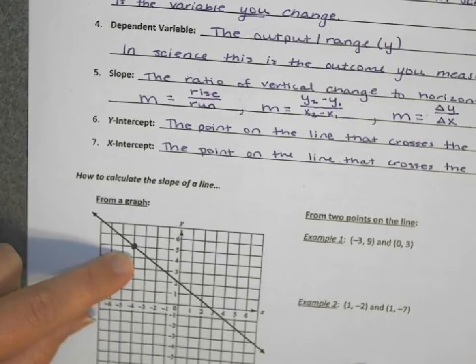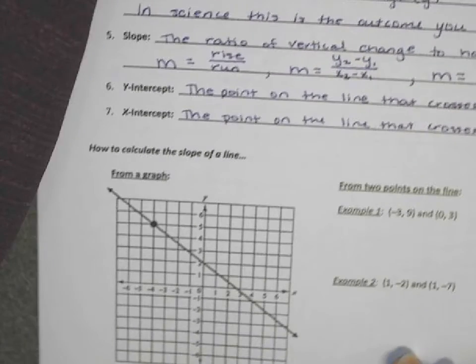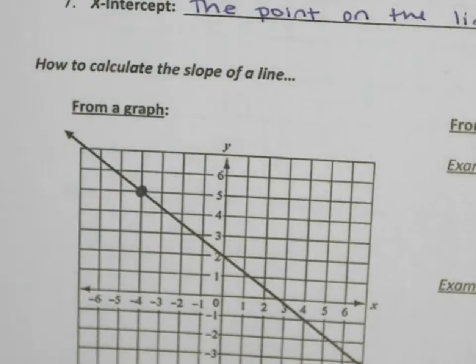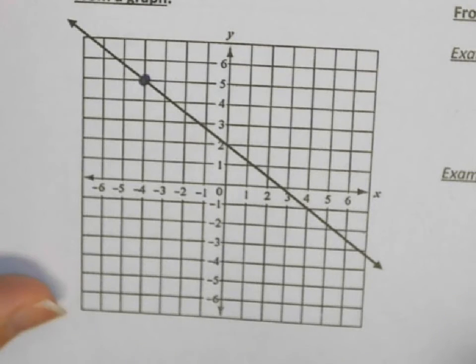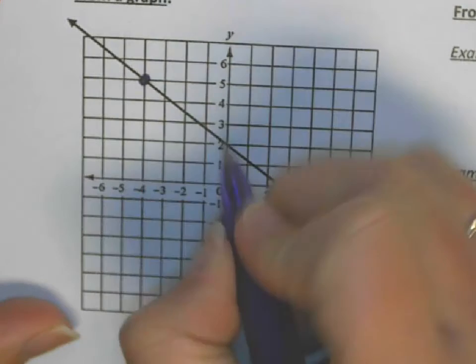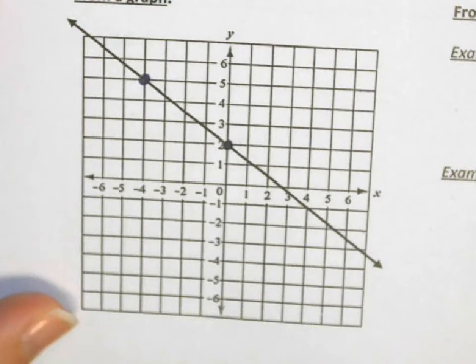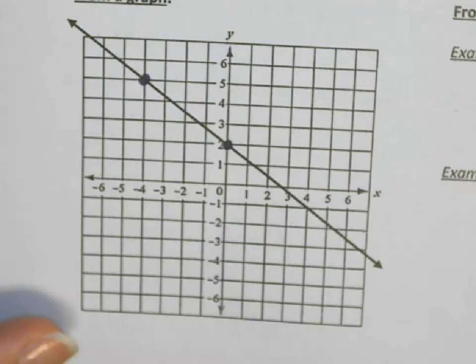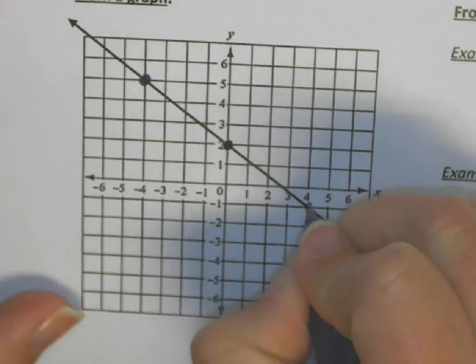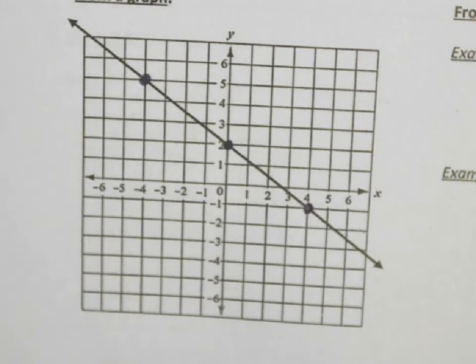I'm going to put a point there so I know what I'm looking at here. And the next one I would say is right here. I can see even another one right here. But I'm just looking for where I have a really nice point, where it's crossing two lines. You see what I'm looking for?